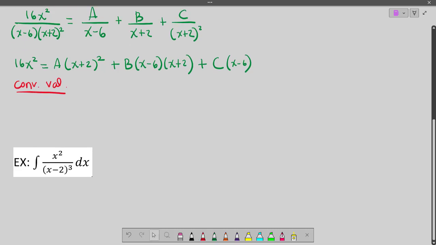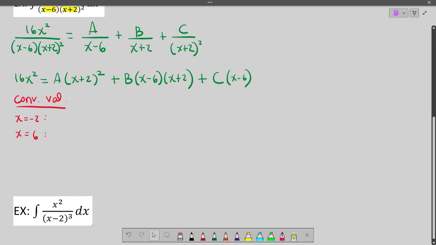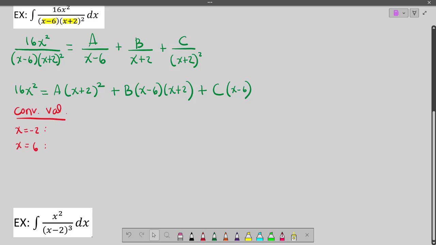What are the two obvious convenient values? 6 and -2. So we look at the zeros, we get -2, we get 6. You should know from algebra, though, that if we have 3 unknowns, how many equations do you need? 3. All right, so these are the two convenient values.